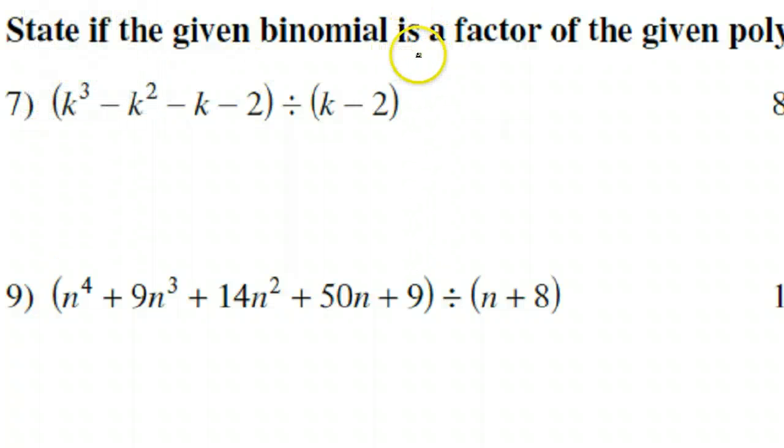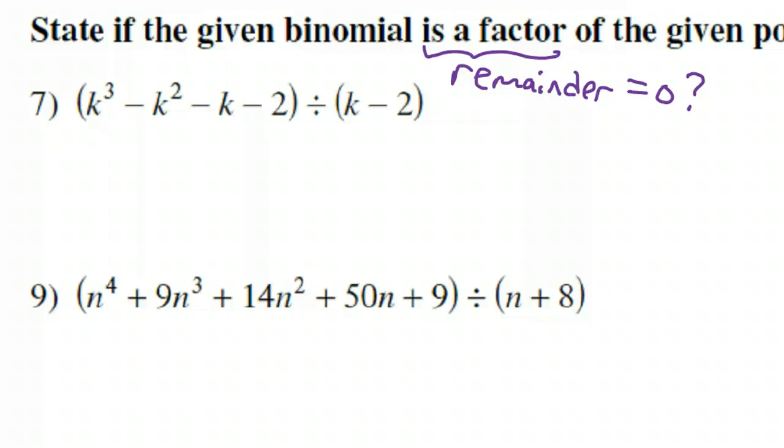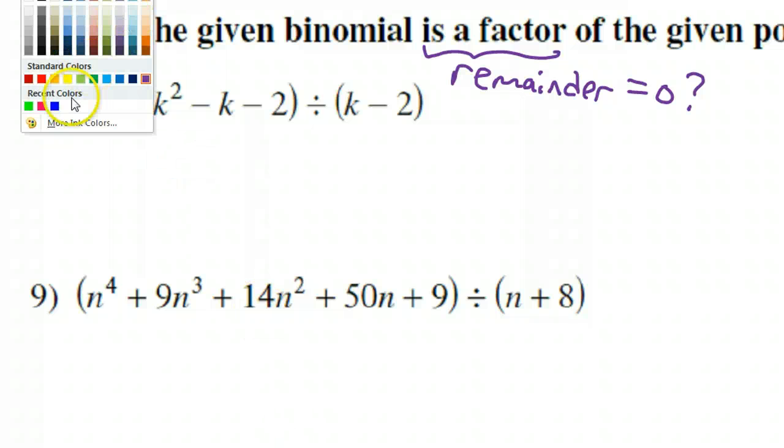Then we're asking, the remainder should equal 0. Okay, so let's check it out. If we see a remainder of 0, we'll say yes, it's a factor. Otherwise, we'll say no.